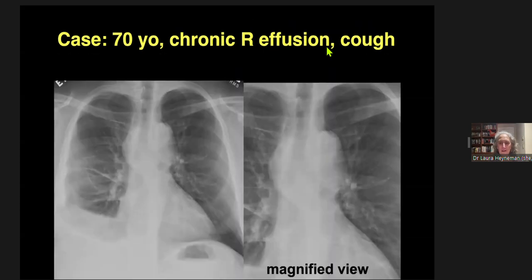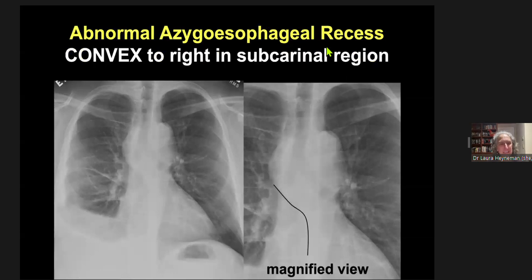So here's a magnified view. And what we see is a convexity of the azygoesophageal recess in the region of the subcarina. So here we see this contour in the subcarinal region that is convex to the right.